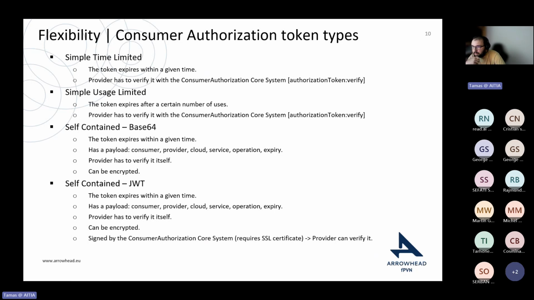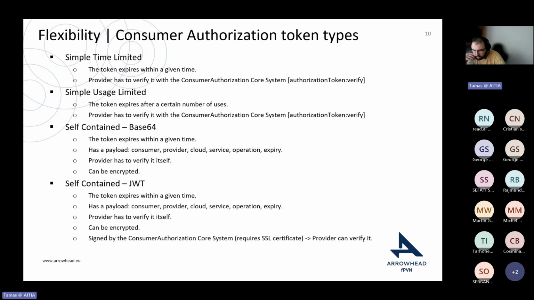And we have a base 64 type of self-contained token. This means that all the content, the payload, is encoded with the method of base 64. And when your provider receives it, they can decode it and read the payload.